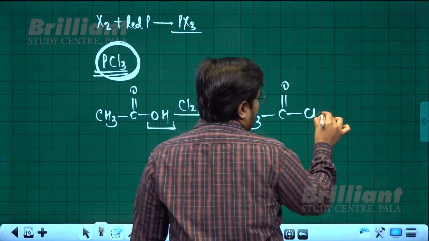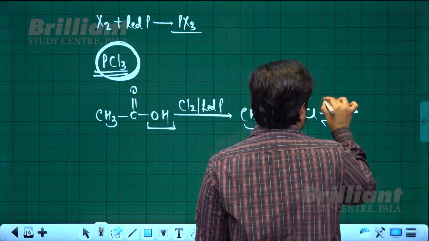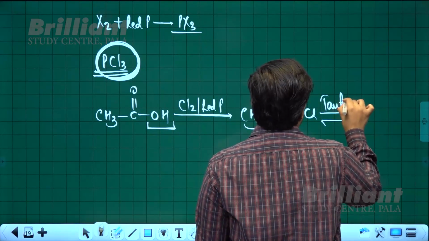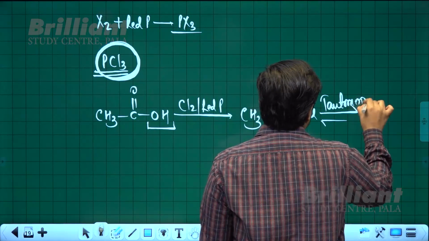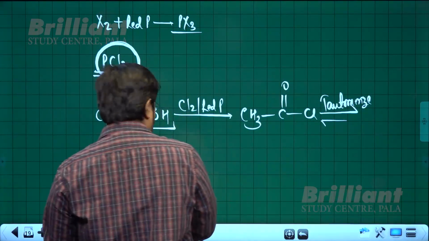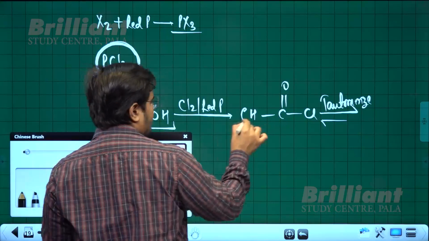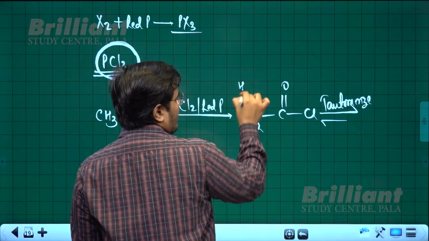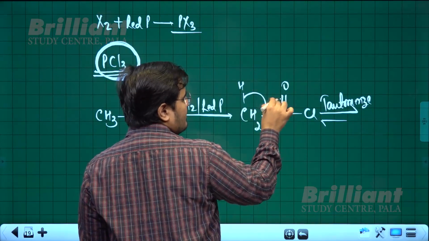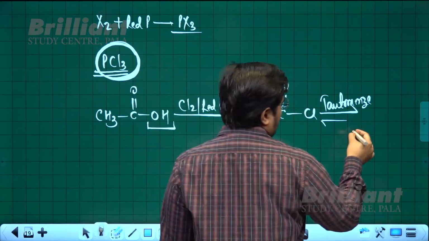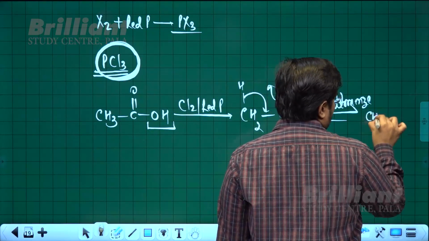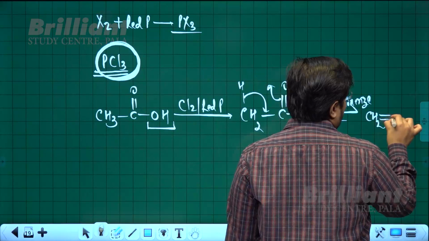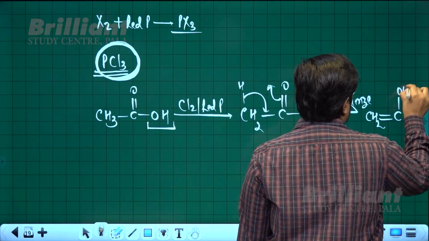This acid halide is then going to tautomerize. You know how tautomerization happens. I can write this as CH2, and a hydrogen from this position will move on to oxygen. So this can be written as CH2 double bond C(OH)Cl.